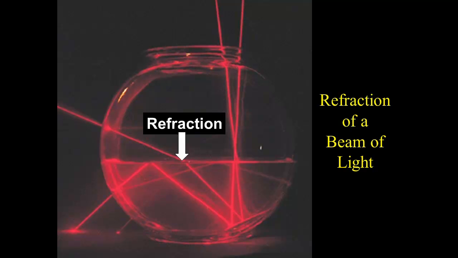The ray will cross that boundary and enter the water, but notice that its path has been bent downward as a result. And this bending of the ray when passing through different material is what's referred to as refraction.